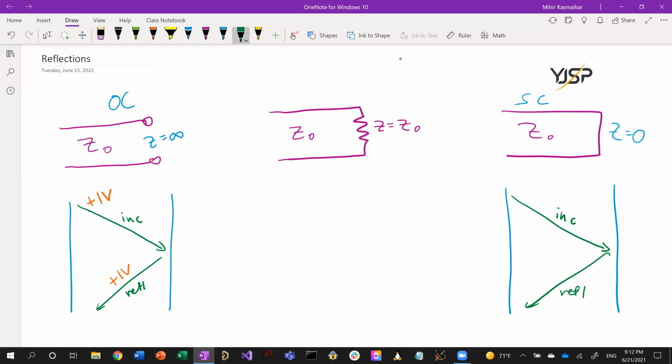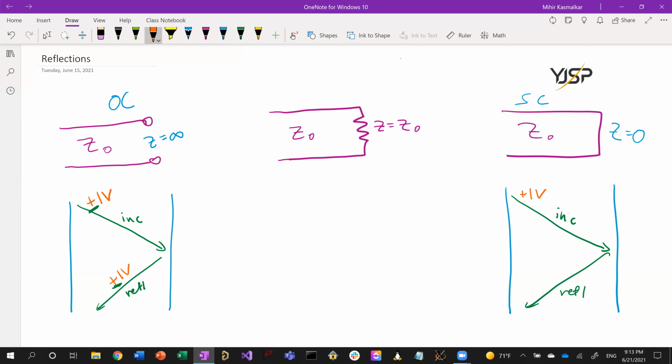The polarity is the same because both of these have the same sign. If the incident wave was negative 1 volt, the reflected wave would also be negative 1 volt. They have the same sign. And the magnitude is the same because they're both 1 volt. If the incident wave was 2 volts, the reflected wave would be 2 volts. Now, in the short-circuited case, let's say you launch 1 volt onto here.